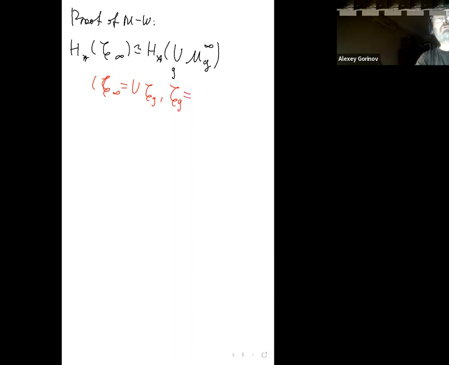And we will also see that CG is homotopy equivalent to M infinity G, which is again something that requires an explanation, because elements of CG have just one boundary component, and elements of MG have two.